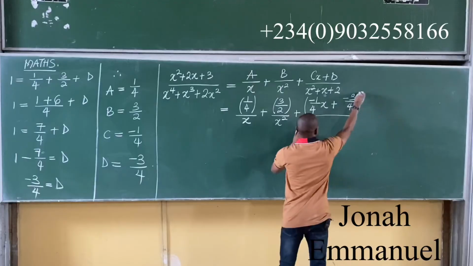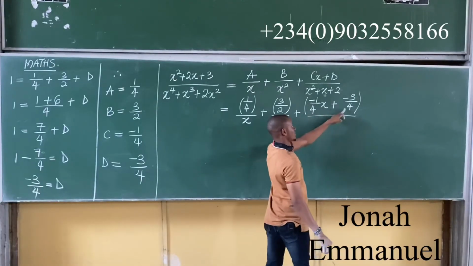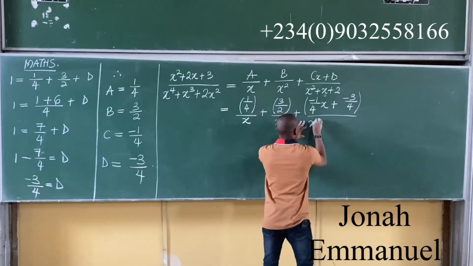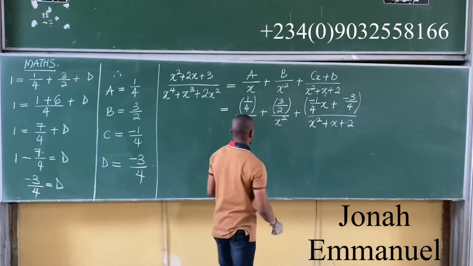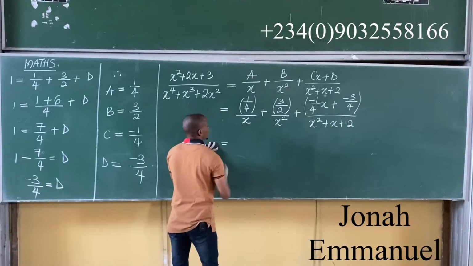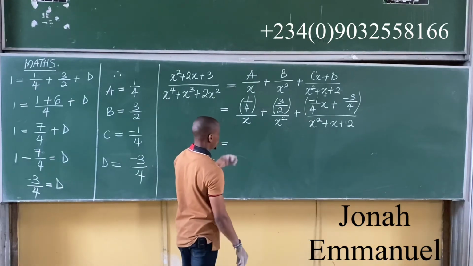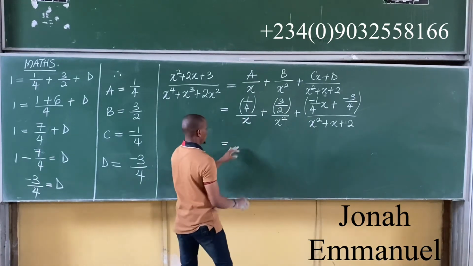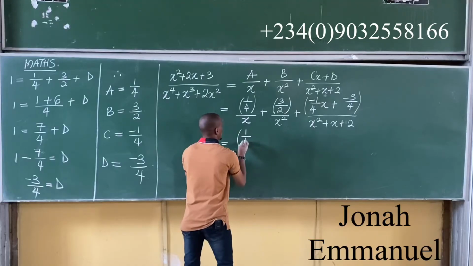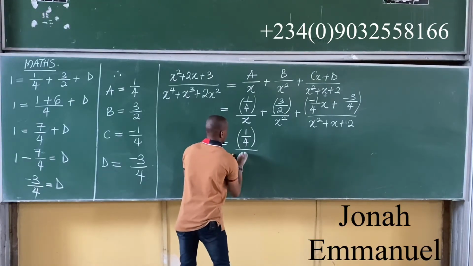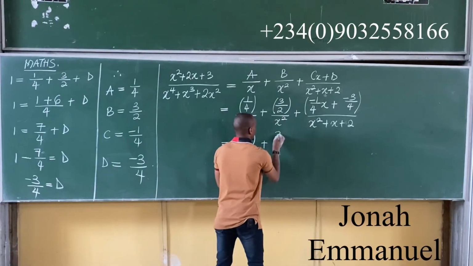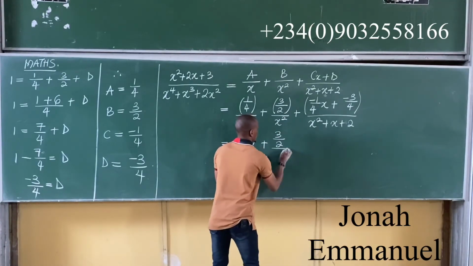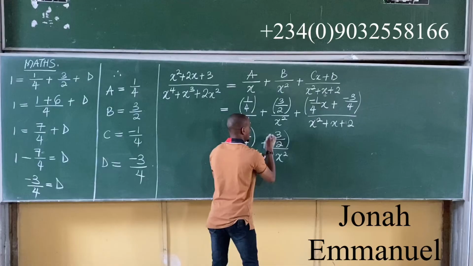So this gives you cx plus d into x squared plus x plus 2. Simplify this one further. Just take it in bits. This will give you 1 over 4 to x plus, this will give you 3 over 2 to x squared.